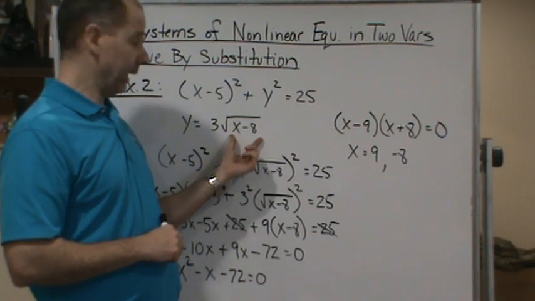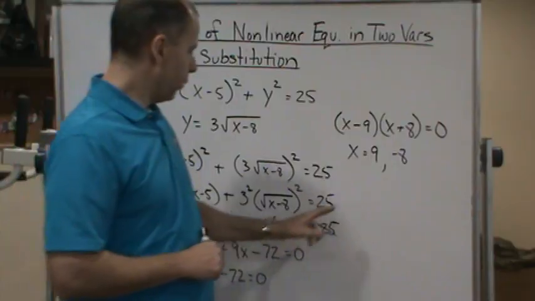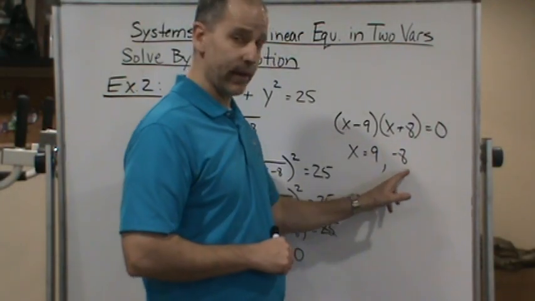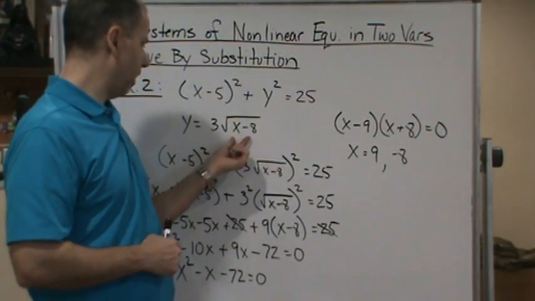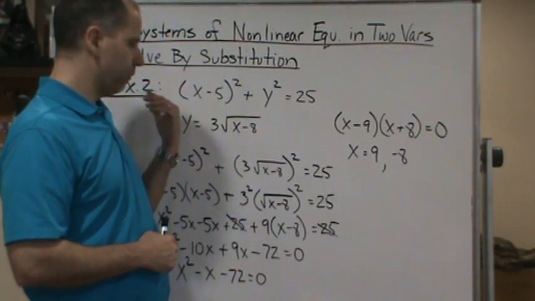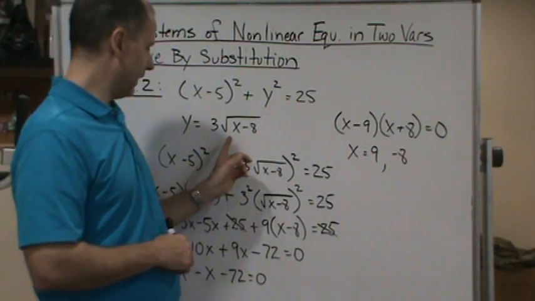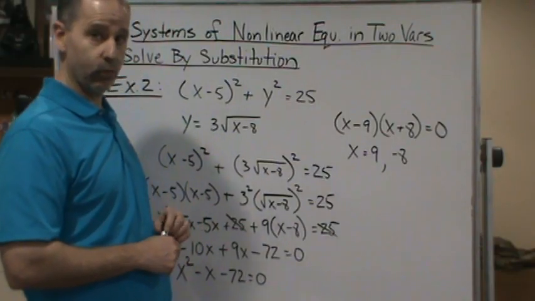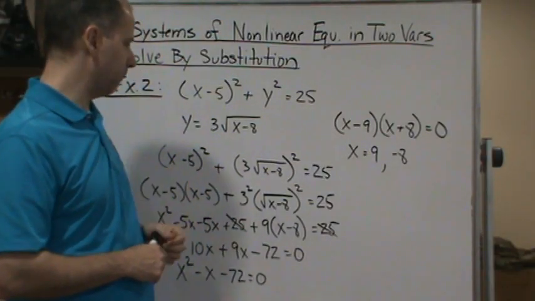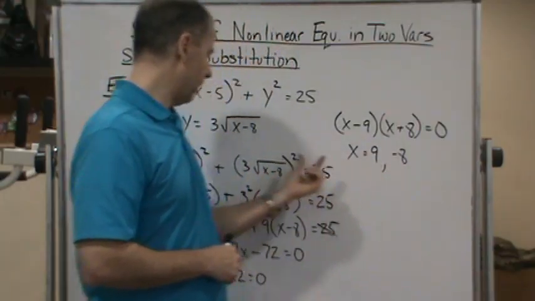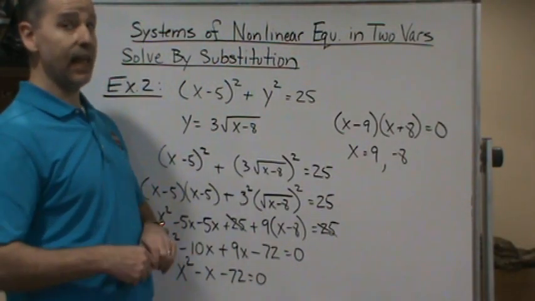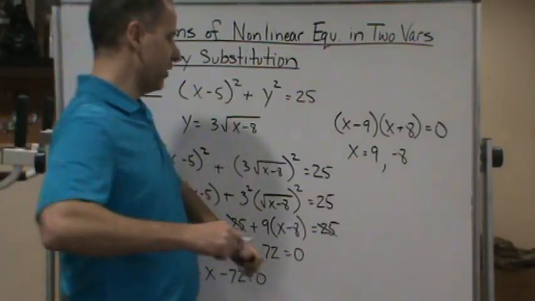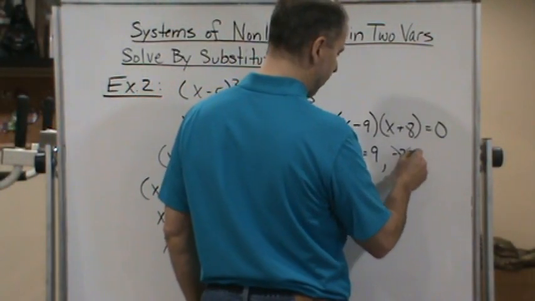So what you want to do is test these two points to see if there's a problem. If I put in 9 here, I get 1. That's totally fine. Non-negative values are good. If I put negative 8 in here, I get negative 8 minus 8, which is negative 16. That is a problem. I can't do that.